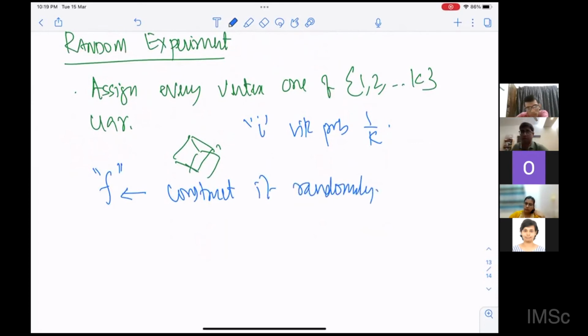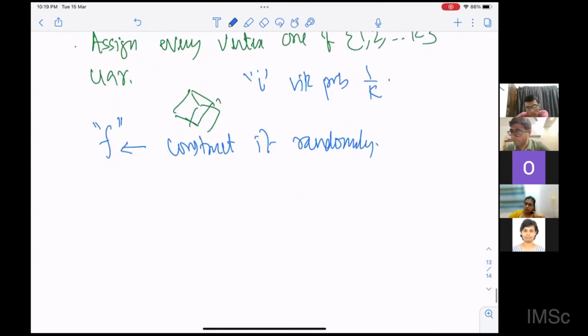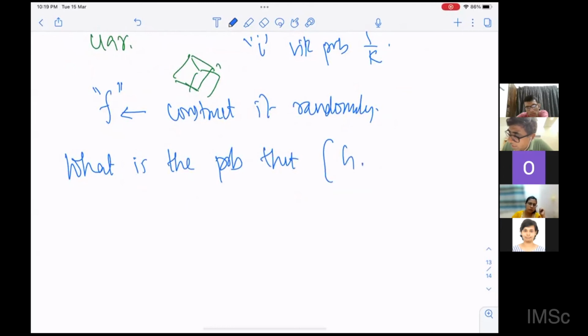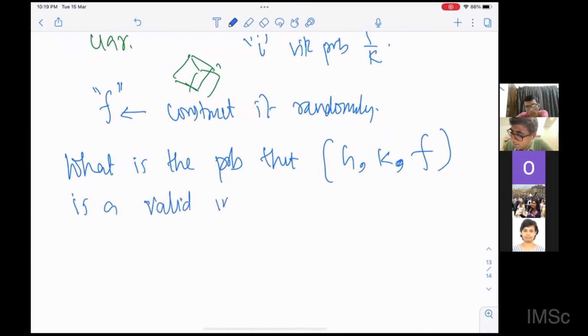Okay. Now, what is the probability that G, k, and now f is a valid instance of partition vertex cover?